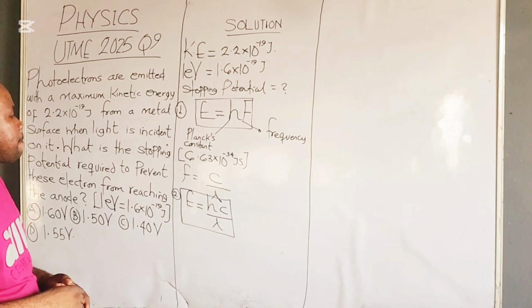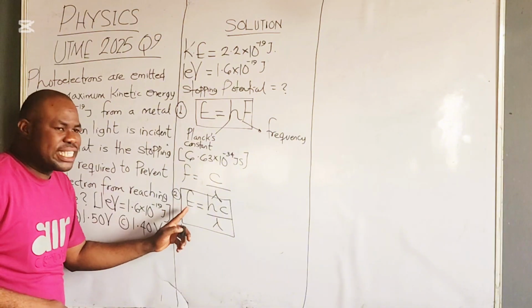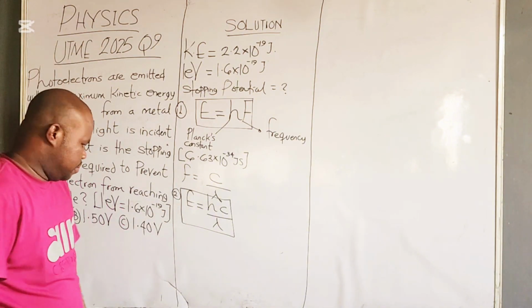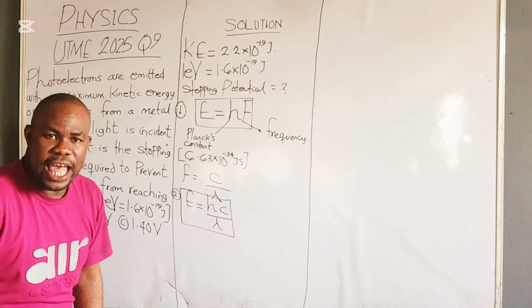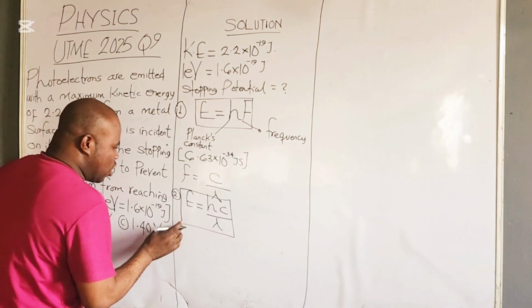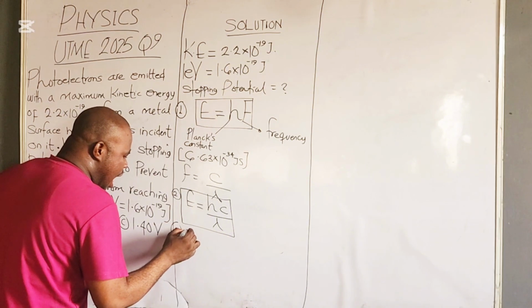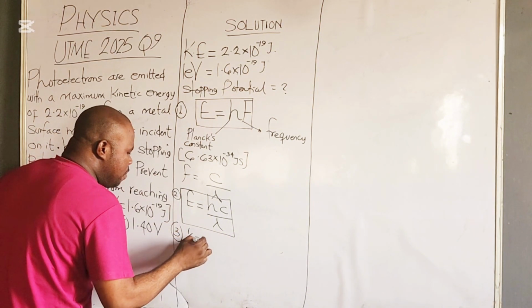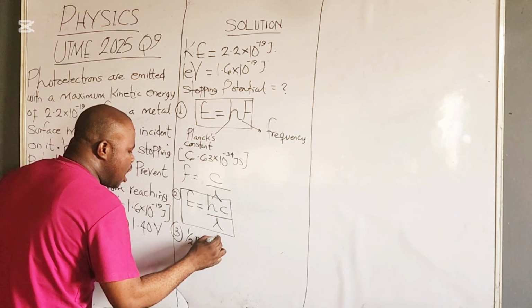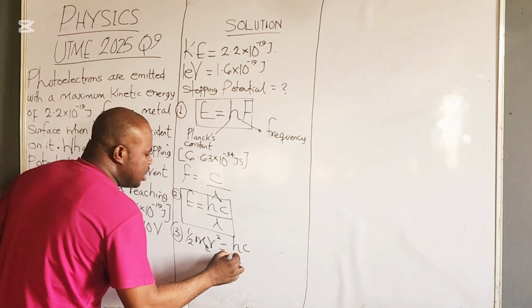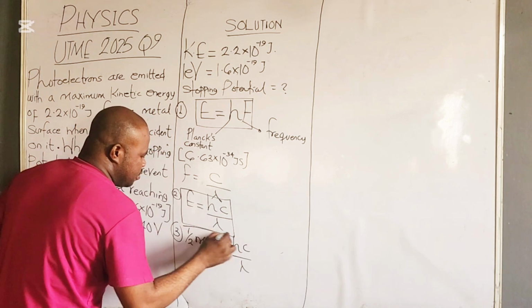Again, because I know that energy is also half mv squared, I can equate this energy with this formula, so I can also have half mv squared, where m is always the mass of the electron, equal to hc over lambda.